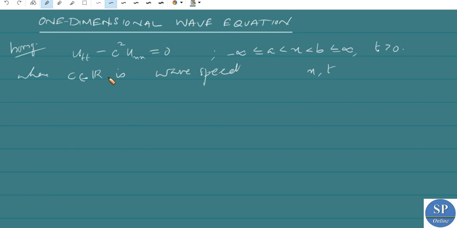Now the coefficients: I am using capital letters because here there is a small c. So A equal to the coefficient of u_xx, which is minus c squared; 2B equal to the coefficient of u_xt, which is 0; and capital C is equal to the coefficient of u_tt, which is 1. So B equal to 0.